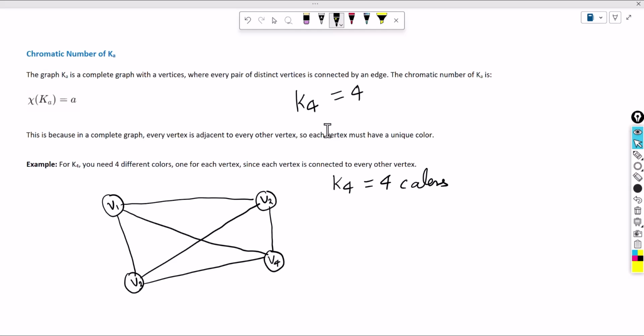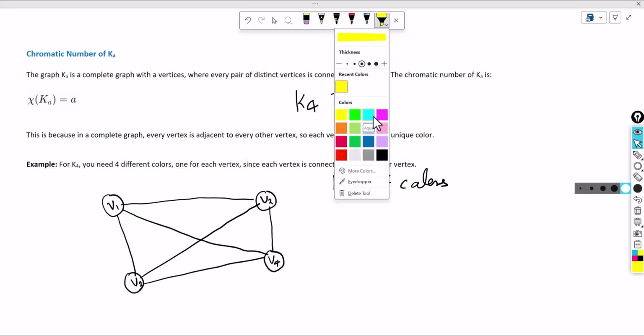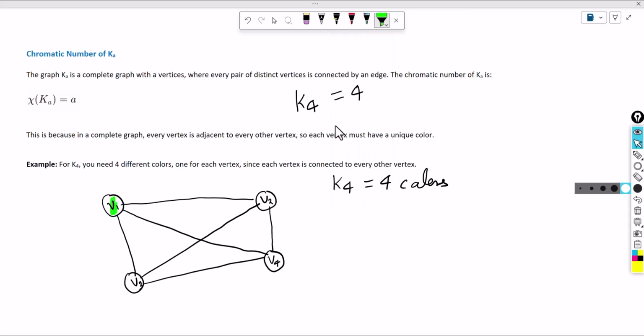So if I put this color as green, then I cannot fill V2 as green, nor V4 as green, nor V3 as green.